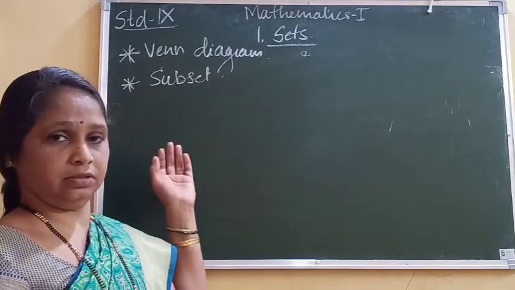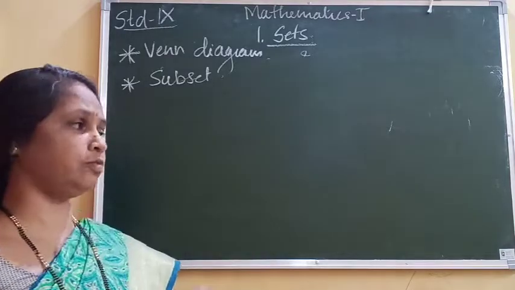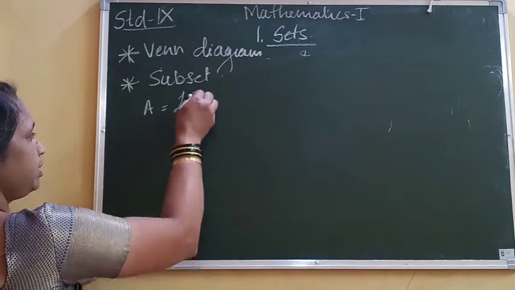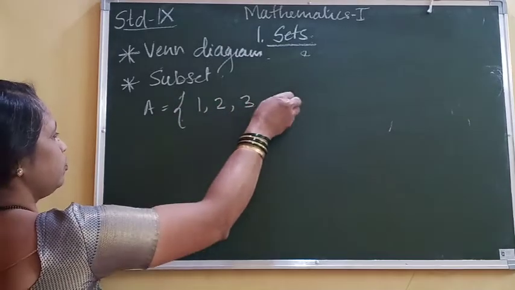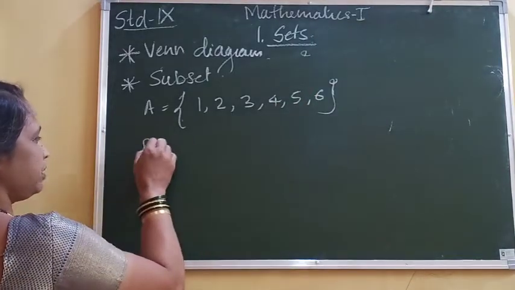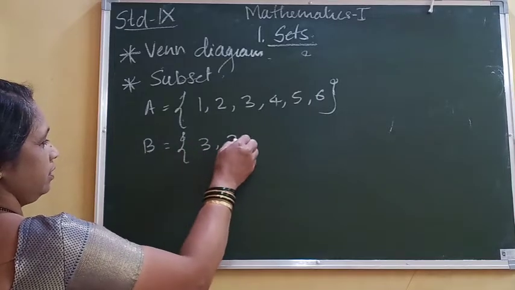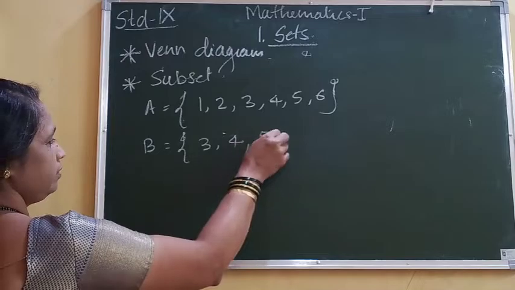Now see the elements of set A and the elements of set B. For example, suppose the elements of set A are 1, 2, 3, 4, 5, 6, and the elements of set B are 3, 4 and 5.